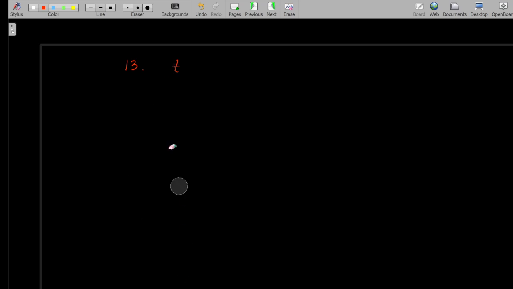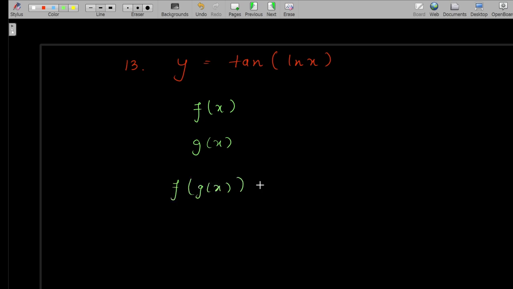The 13th problem is where you have y is equal to tangent of ln x. So here, can you tell me what is f of x and what is g of x so that f of g of x becomes tangent of ln x?